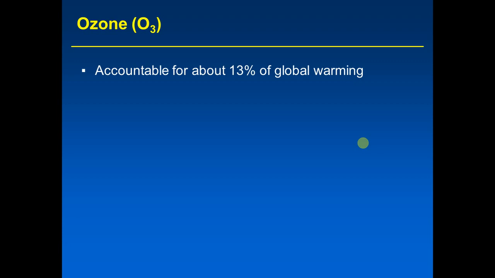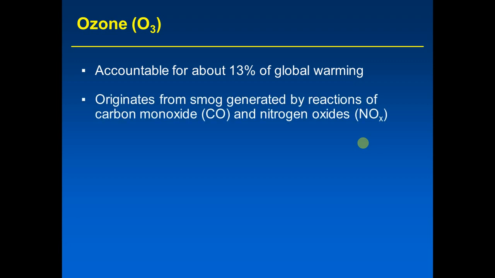Where does it come from? It originates from smog, generated by reactions of carbon monoxide and nitrogen oxides. So when carbon monoxide and nitrogen oxides react, they can generate smog. And the ozone comes from the smog. Carbon monoxide is an odorless, tasteless gas.